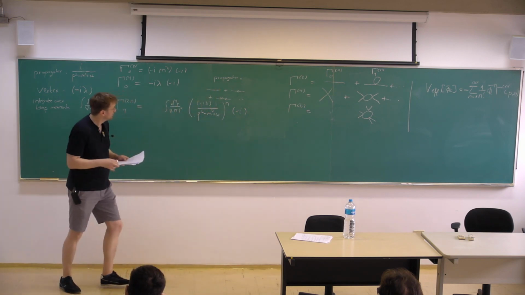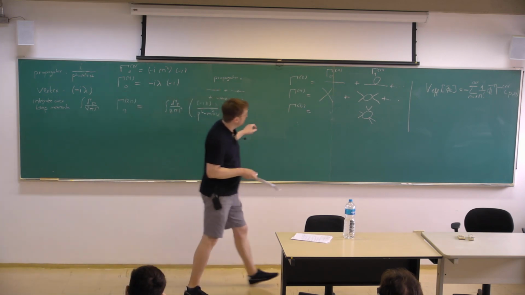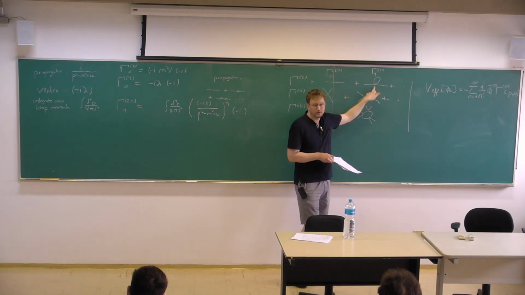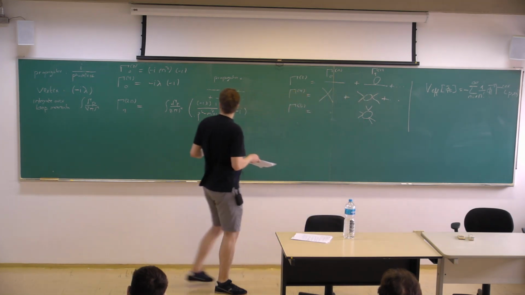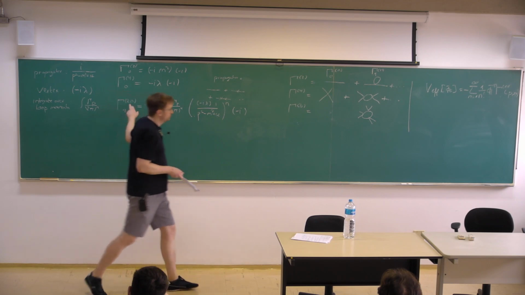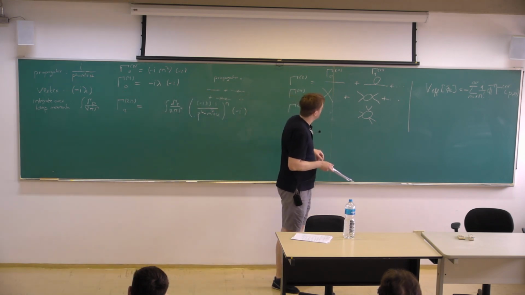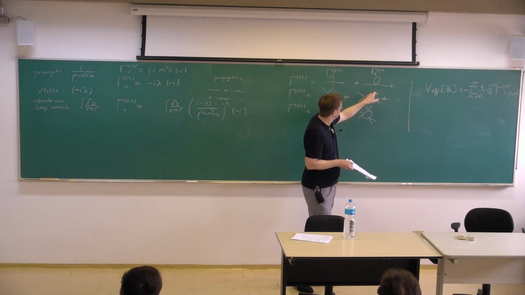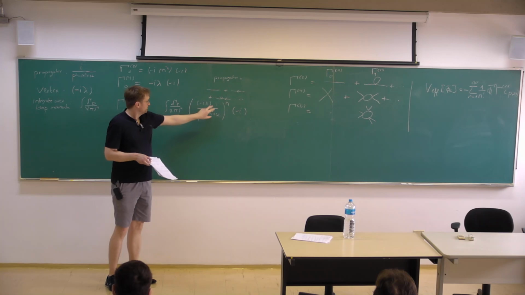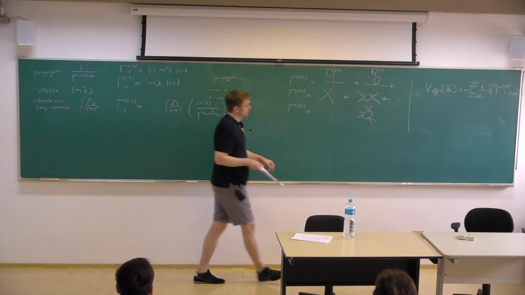Okay, so I'm now labeling, n is the number of vertices. So 2n is the number of outer particles. Each vertex consists of 2 outer particles, right? So the lowest one, for n equal 1, is one vertex and one propagator. Okay, and then it continues, right?